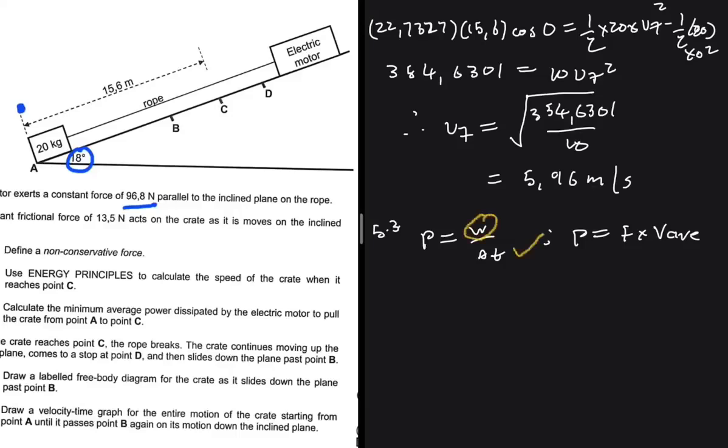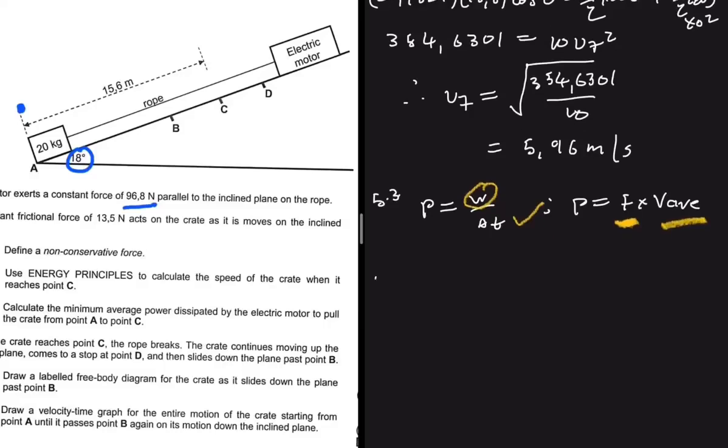But if you look at the other formula, we have the force exerted by our electric motor, and we have VI, which is equal to 0, and VF, which is equal to 5.96. So we can add those two and divide by 2 to find the average velocity. So the power will be equal to the force exerted by our motor, that is 96.8, multiplied by the average velocity.